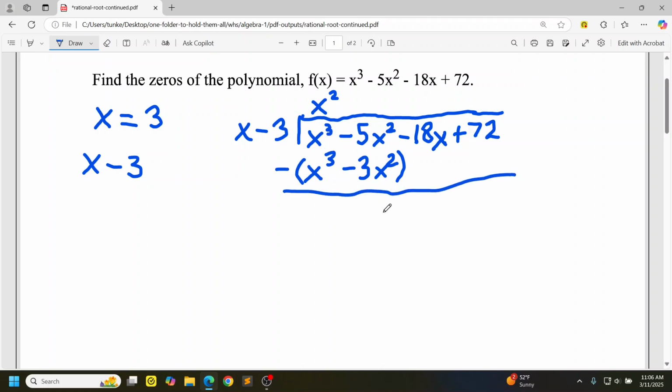The x cubes cancel. Negative 5x squared minus 3x squared is a negative 2x squared. I'm going to bring this stuff down. So minus 18x plus 72.